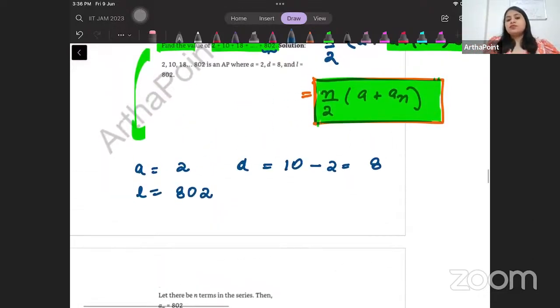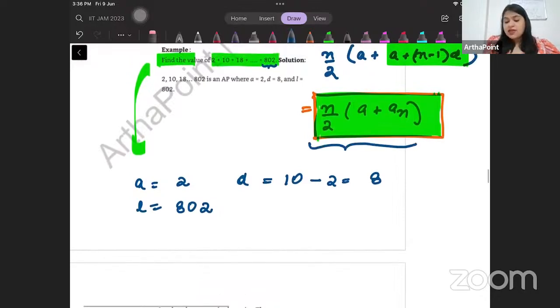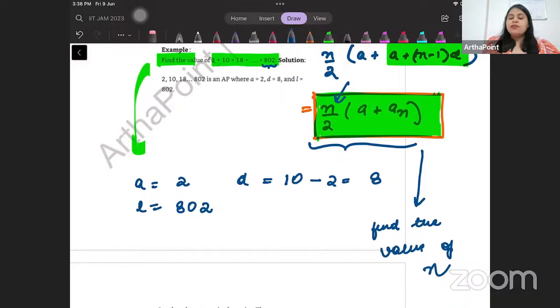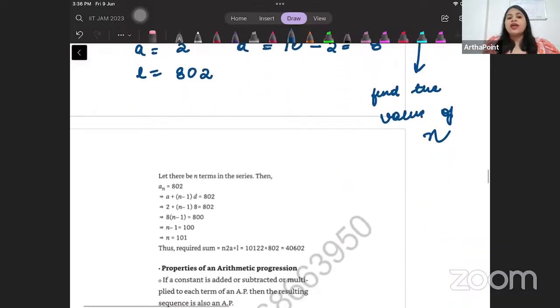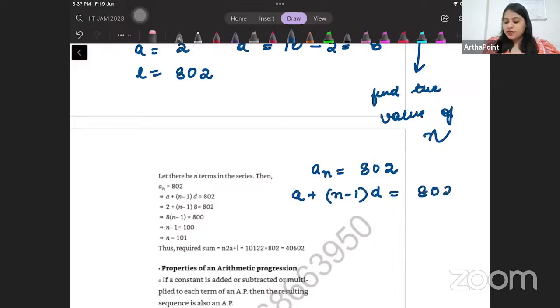But beta, in order to find the sum, I should be able to find the value of n. For finding the sum, I need this n. How can I go ahead and find this n? Well, I know that the nth term is 802. I know that the nth term can be written as a plus n minus 1 into d.